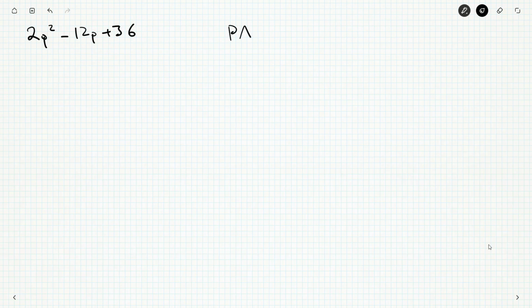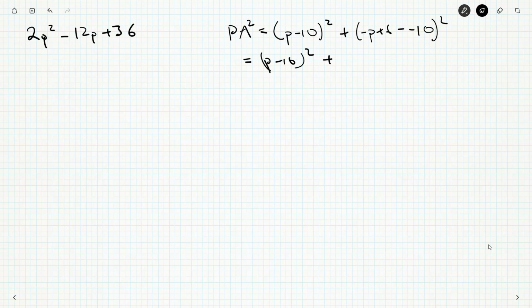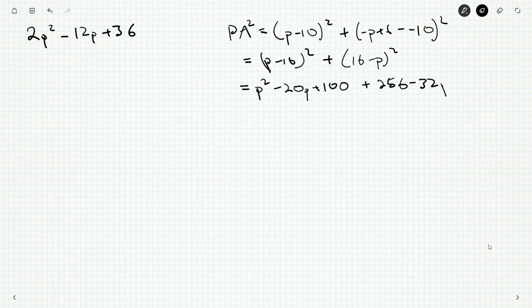Anyways, PA squared is P minus 10 squared plus negative P plus 6 minus negative 10 squared. So that's P minus 10 squared plus 16 minus P squared. And that's P squared minus 20P plus 100 plus 256 minus 32P plus P squared.